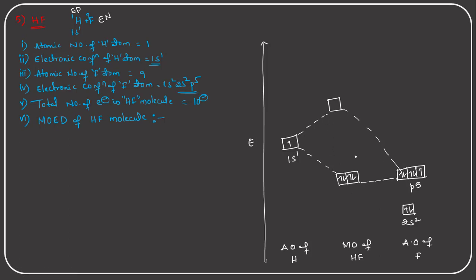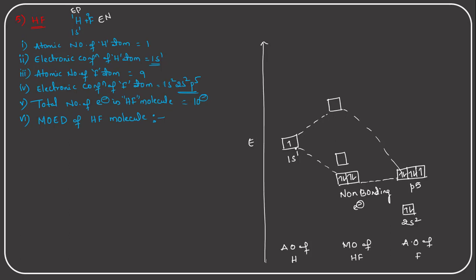So they remain as pi orbitals only, with non-bonding electrons.